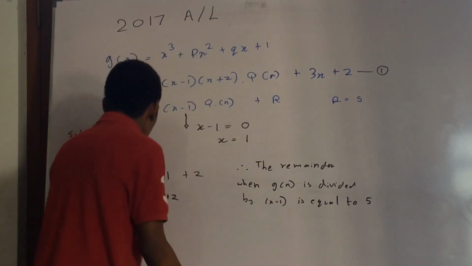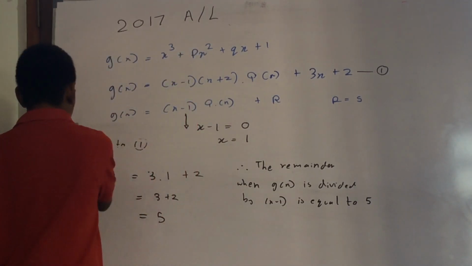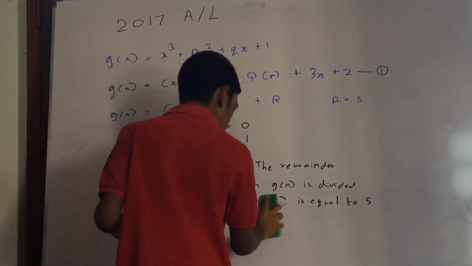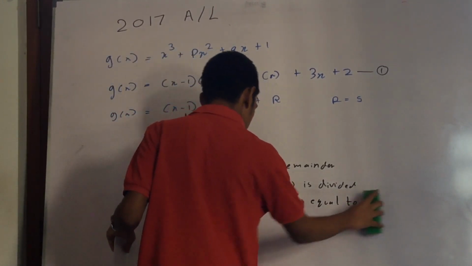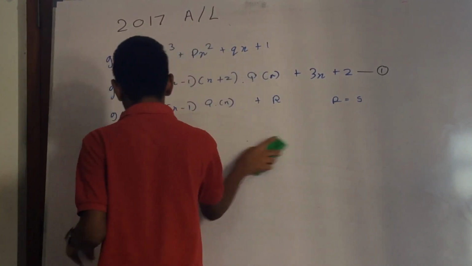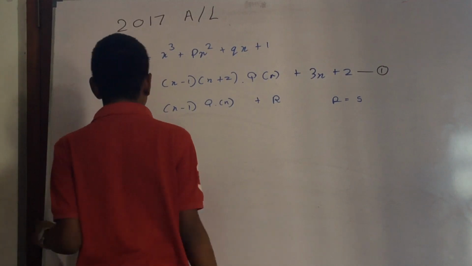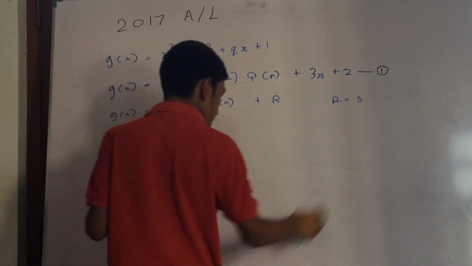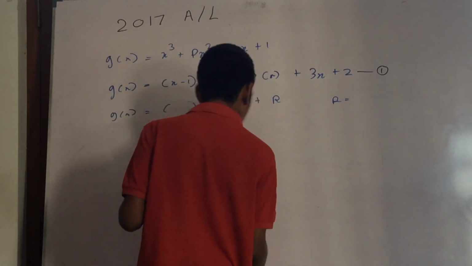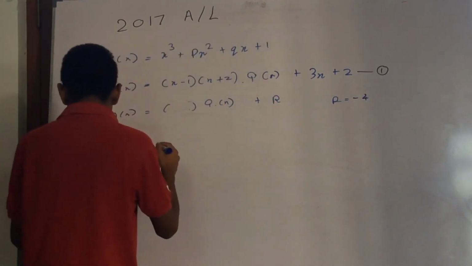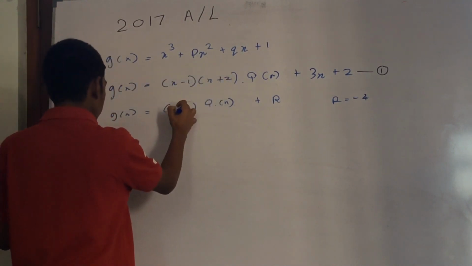In there, they are asking us to find the remainder when this polynomial is divided by x plus 2.